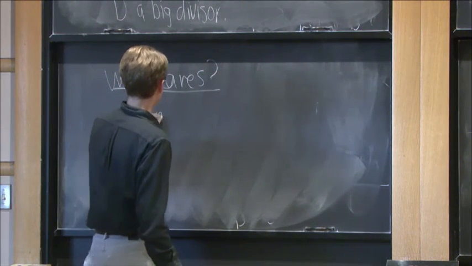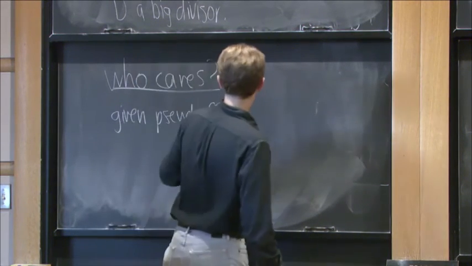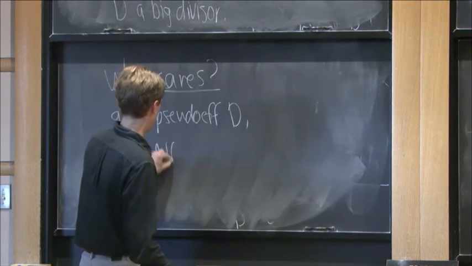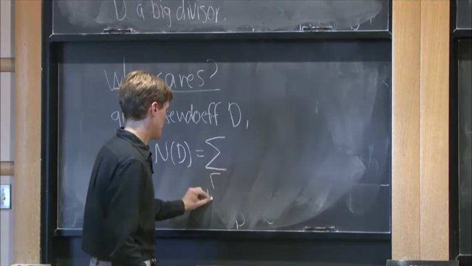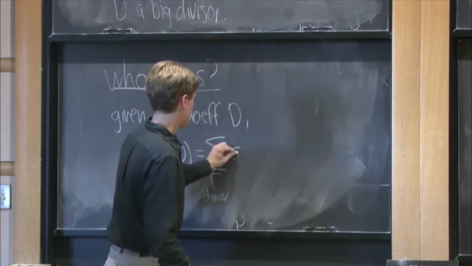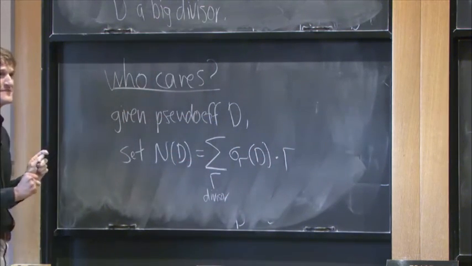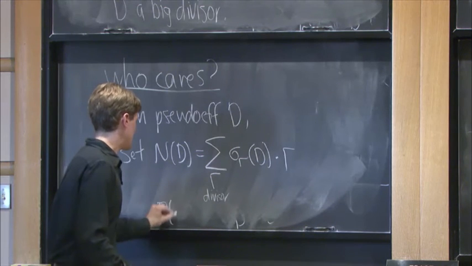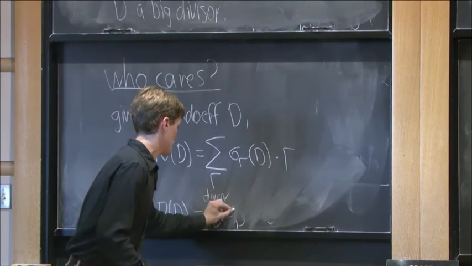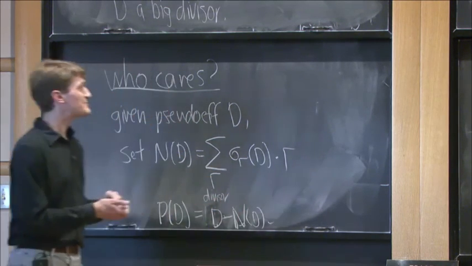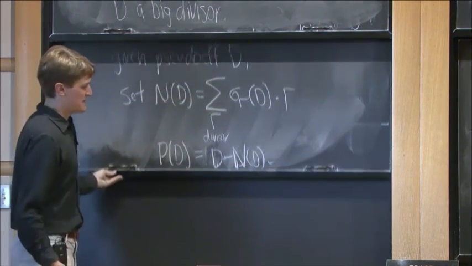If you're given a pseudo-effective D, you set N of D to be the sum over all prime divisors gamma of sigma gamma of D times gamma. So this is an effective divisor. Then you set P of D to be D minus N of D. So this gives us a decomposition. Our divisor D is the sum of this divisor N of D and the divisor P of D.